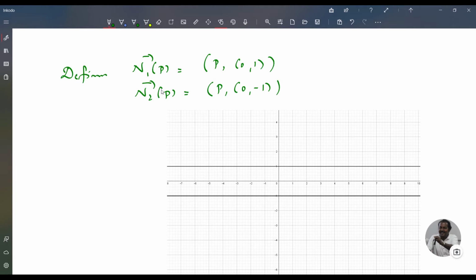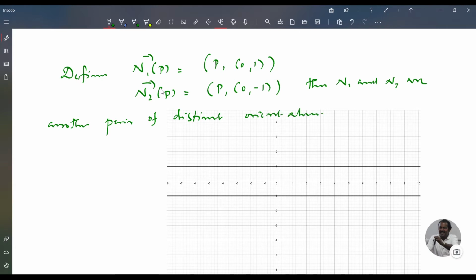Then n1 and n2 are another pair of distinct orientations.